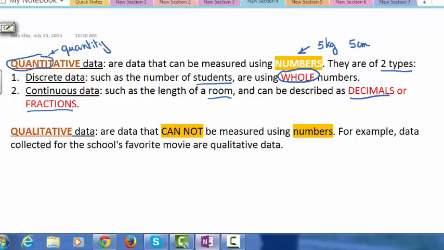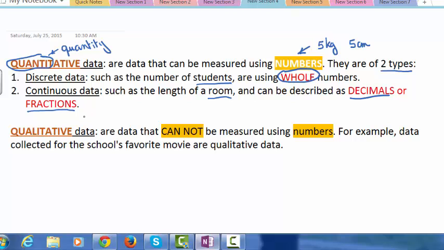Any numbers in the data that accept decimals or fractions, we call continuous data. Any data that does not accept decimals or fractions and accepts only whole numbers, like the number of students or the number of people, in this case we call it discrete data. And all of that is under the category of quantitative data.